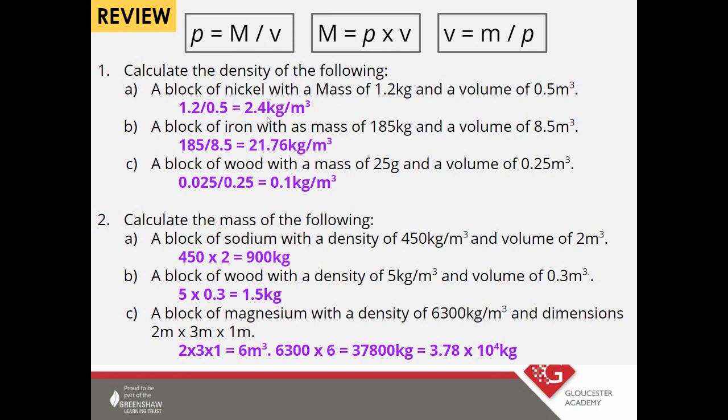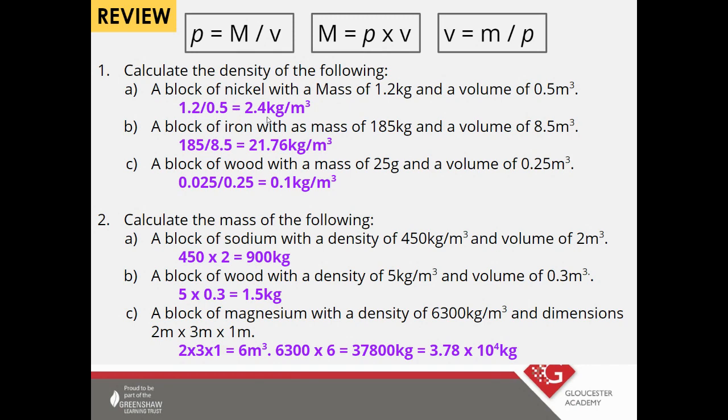This time the mass is 185 kilograms, and I'm going to divide it by 8.5 meters cubed. Using my calculator, the density is 21.76 kilograms per meter cubed. The next one's a little difficult because it's 25 grams. Remember, 1,000 grams in 1 kilogram. So I'm going to divide the 25 by 1,000 to get the value in kilograms.